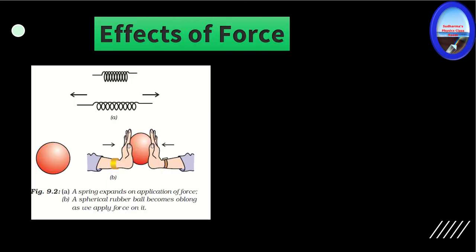Another thing is, we can change the shape of an object. How do we change the shape of an object? By applying a force. Let's consider the example of making chapati at home. When you prepare the chapati dough, we are applying force on that dough, right?